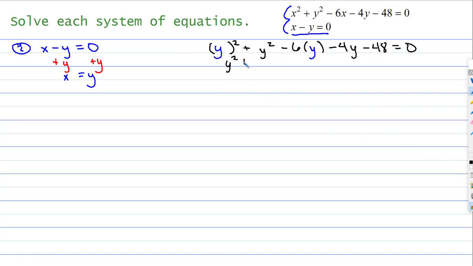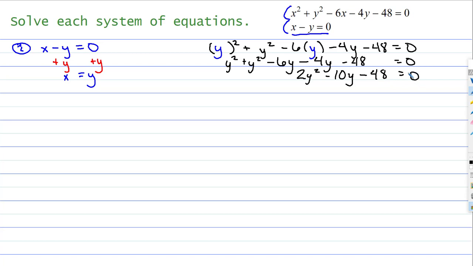So y squared plus y squared minus 6y minus 4y minus 48 is equal to 0. Combining like terms, we end up with 2y squared minus 10y minus 48.